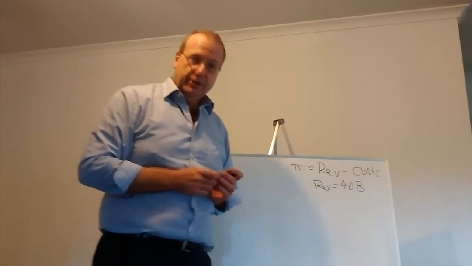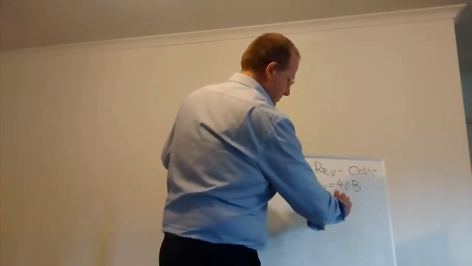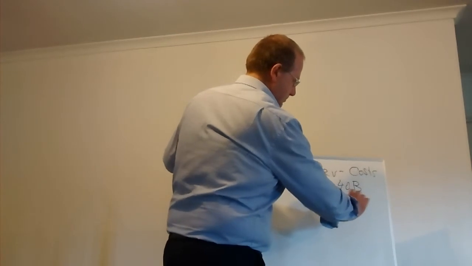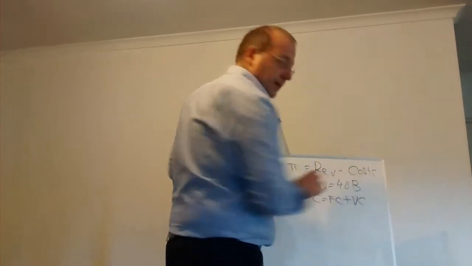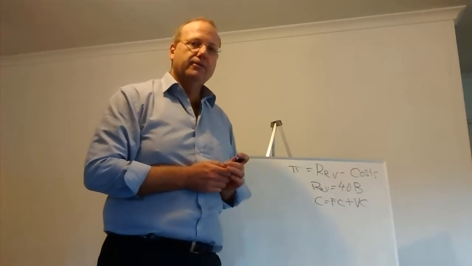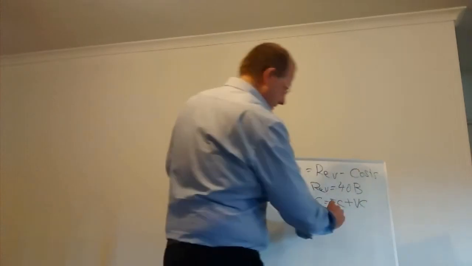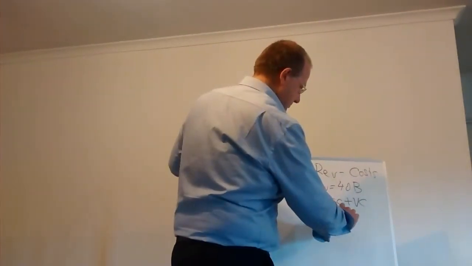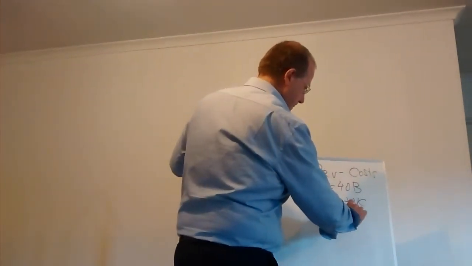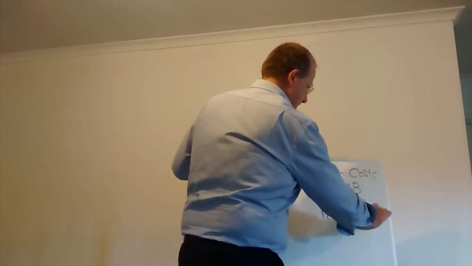But Mary has costs. And as we know, costs are comprised of fixed costs plus variable costs. And the fixed costs don't change with how much she produces, and they're there whether she produces or not. Now, we'll say Mary's fixed costs are $150 a month.